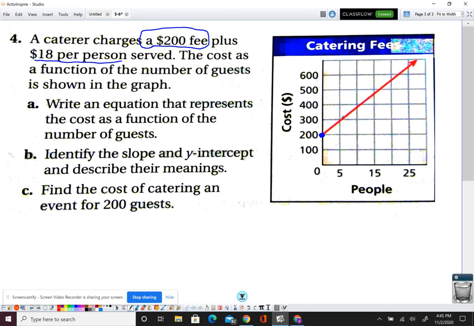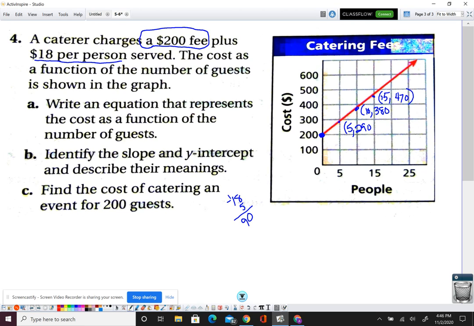So for 5 people served, $18 times 5 is 90. So this point is at 290. At 10 people, this point is going to be (10, 380). And for 15 people, it's going to be (15, 470).